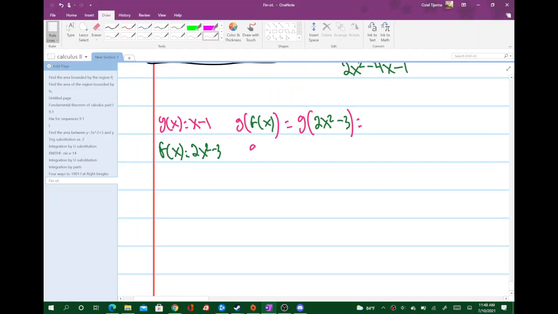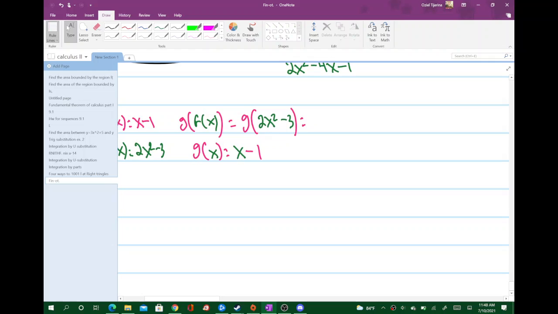It helps to say that g of x is equal to x minus. Sometimes that can help. Now you can go ahead and say the following.